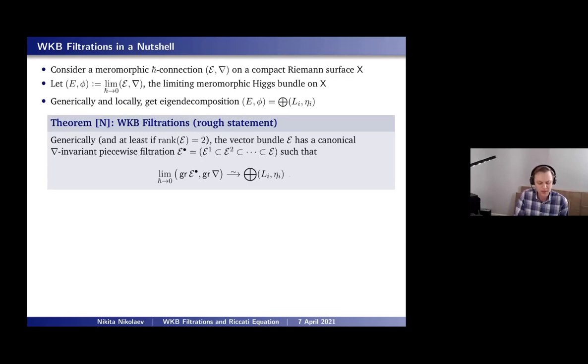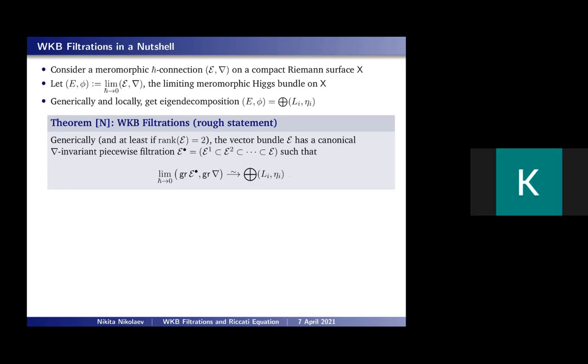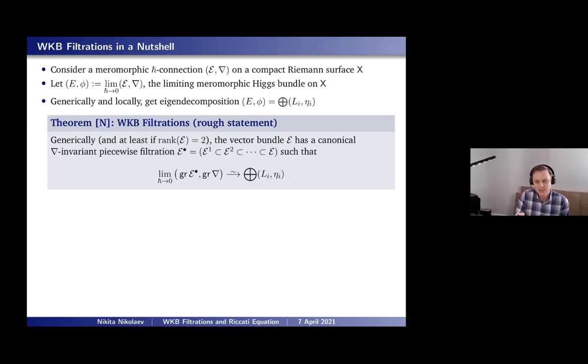A rough punchline of the entire talk is that, given a number of genericity conditions to be satisfied, then at least in rank 2, higher rank is work in progress, if I have such a meromorphic H-bar connection, then you can show that the vector bundle E, which carries the connection, has a canonical filtration.